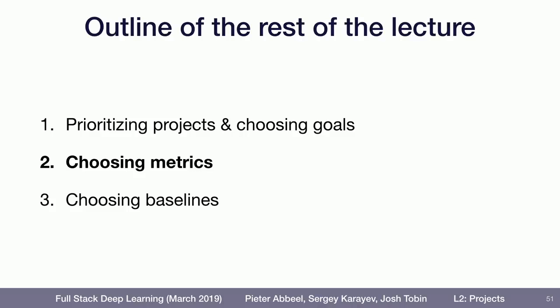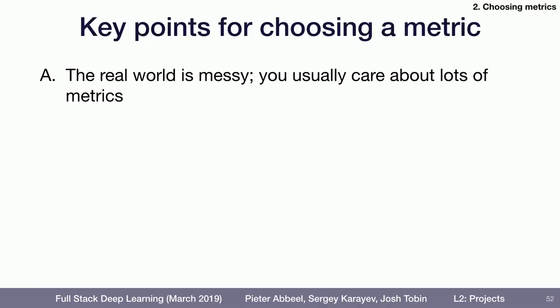Okay, the next thing I want to talk about is choosing metrics. And just to give you a preview of what we're going to cover, the main thing to realize here is that in academia, often you get a data set and there's a single number that you need to drive down. That's the case where machine learning works super well. But in the real world, that's rarely the case, right? There's rarely only one thing that you care about improving the performance on of a project.